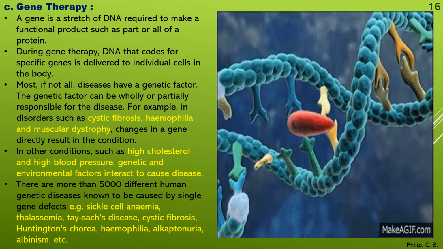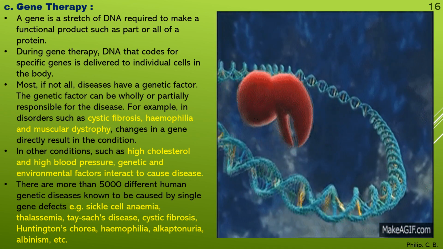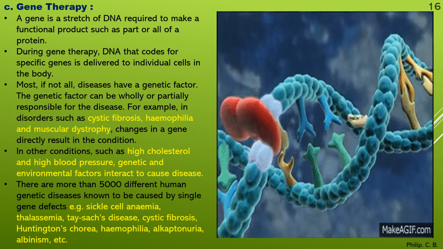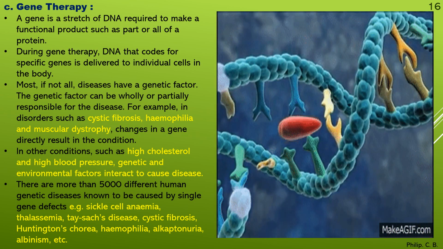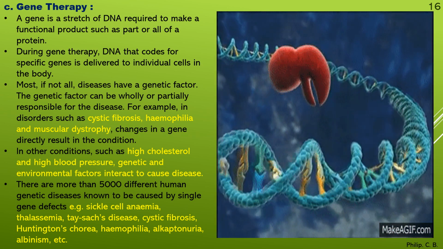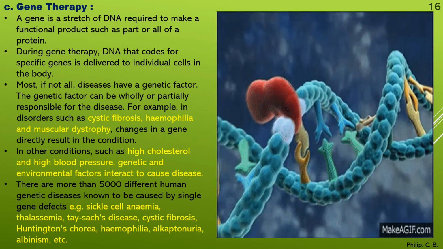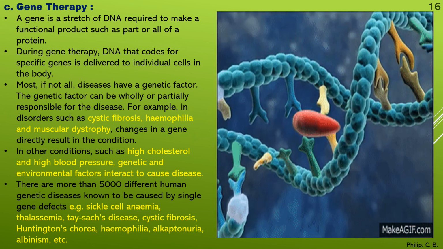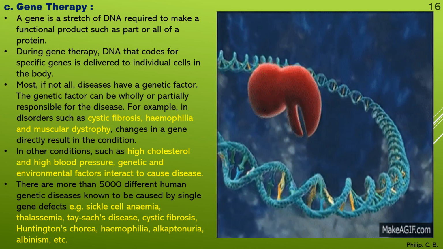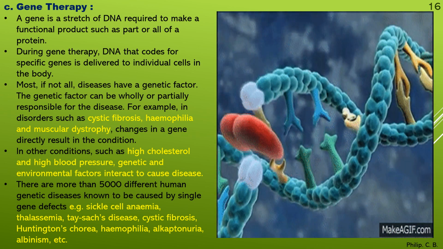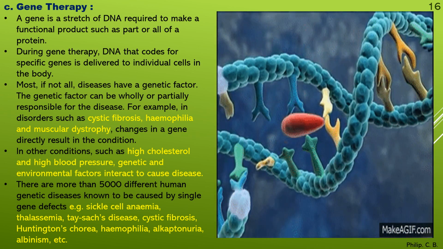Now, as we just read the three points, here we can say easily the gene which is affected, or the stretch of DNA where the particular gene is affected, can be identified. It can be removed wholly or partly, where it is responsible for disease, and it can be cured or changes can be made in that particular disease, as given in the example like cystic fibrosis, hemophilia, or even muscular dystrophy.